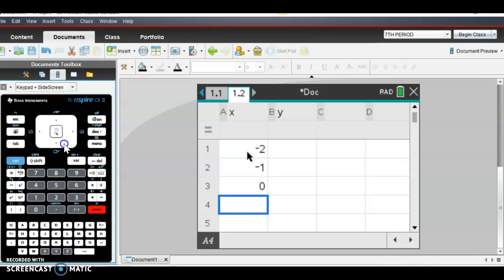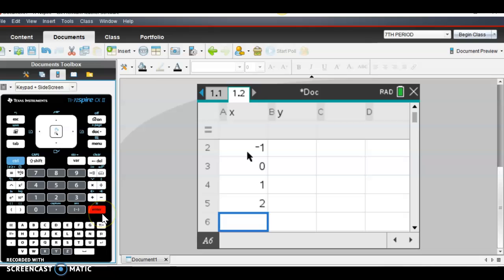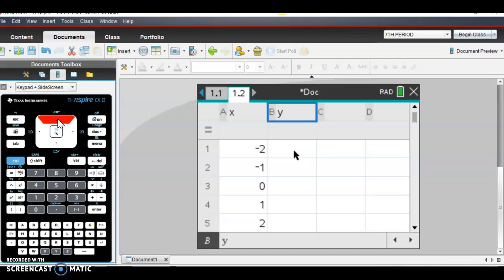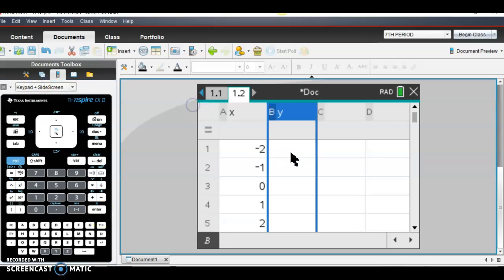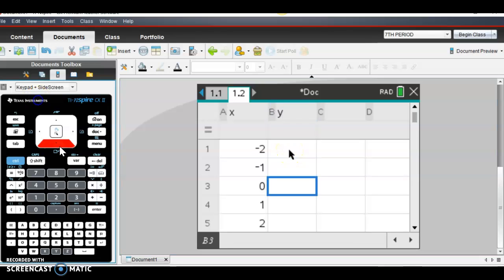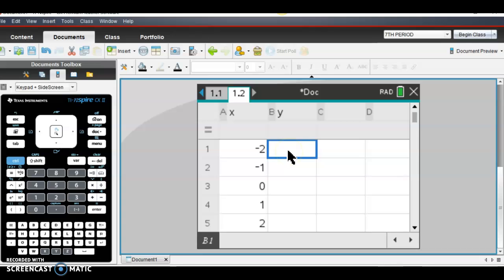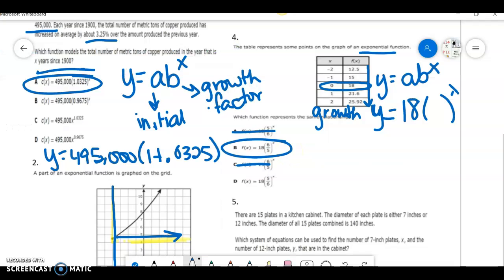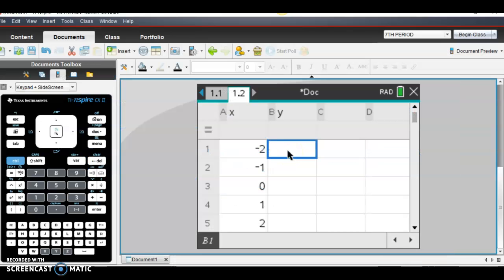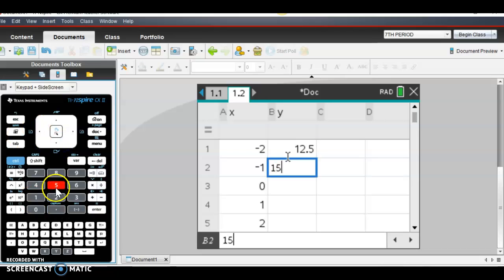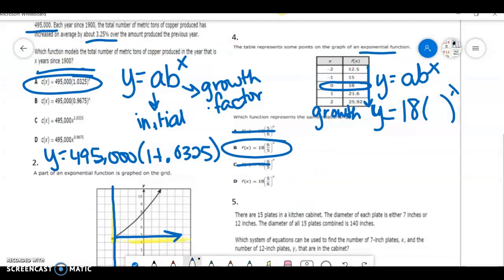And then our numbers: 12 and a half, 15, 18, 21.6 and 25.92.